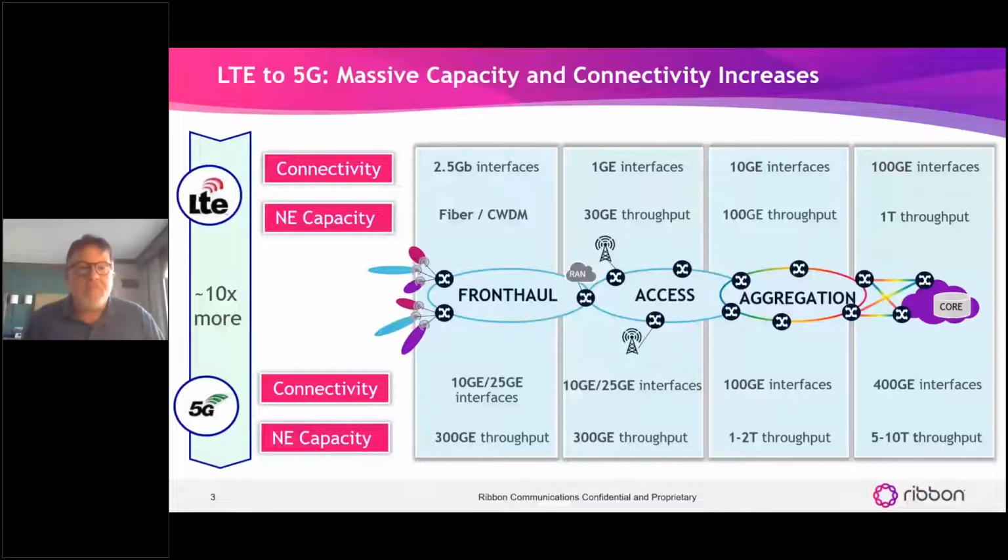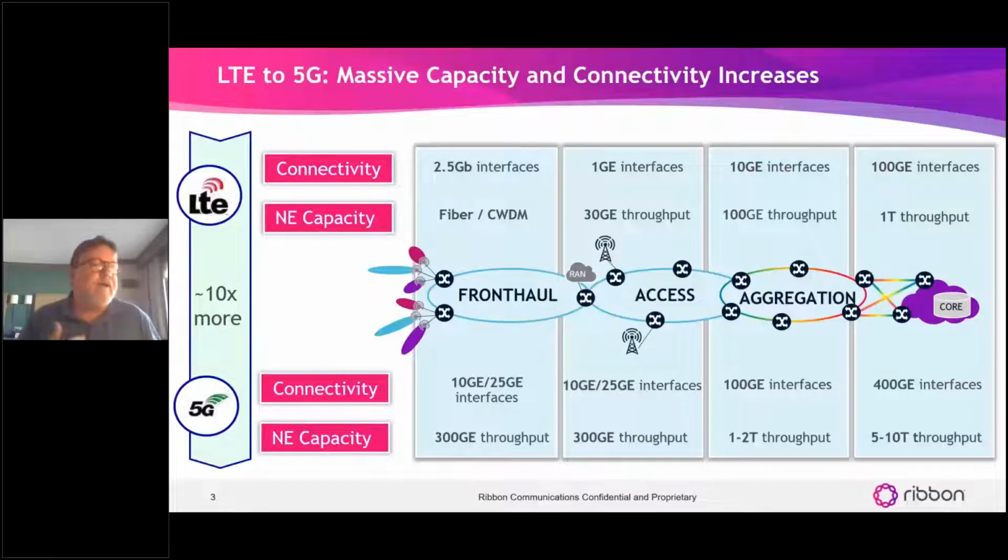So if you look at this quick chart here, you'll see that on the top we've got LTE and generally what size the interfaces are at each part of the network, from the haul, from the cell towers, from the cells, across the access, and then to the aggregation and up to the core.